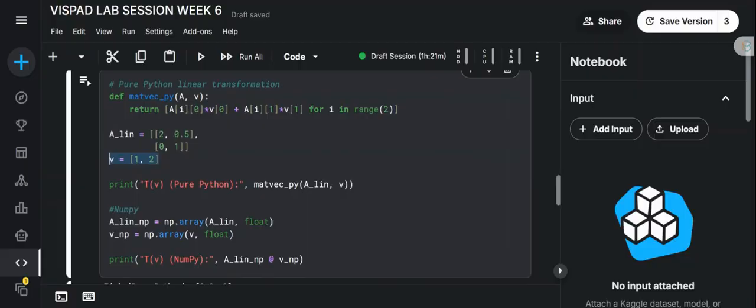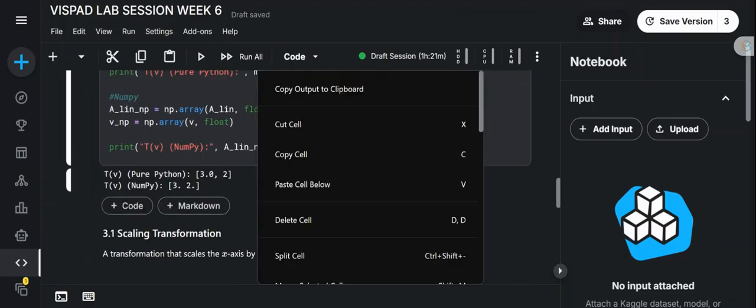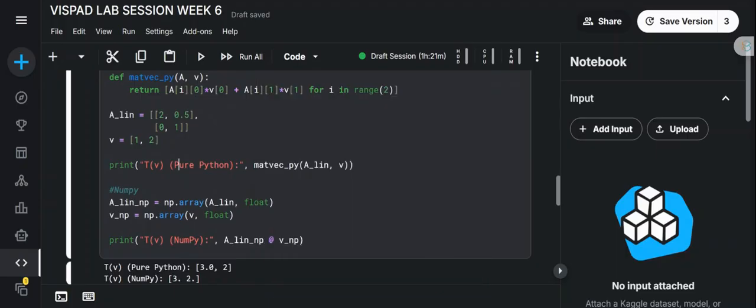A linear transformation of vector v will be multiplying matrix A by vector v, which is done by the matvec_pi function that we just wrote, and the result is 3, 2.